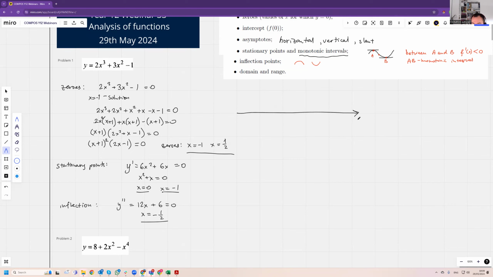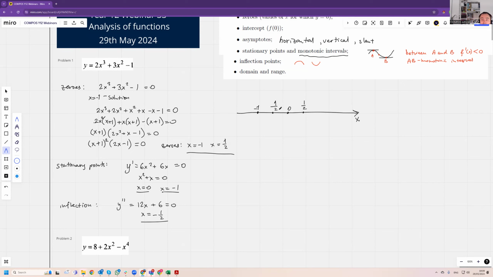You draw a number line x, and you put all the interesting points: -1, -1/2, 0, and 1/2.